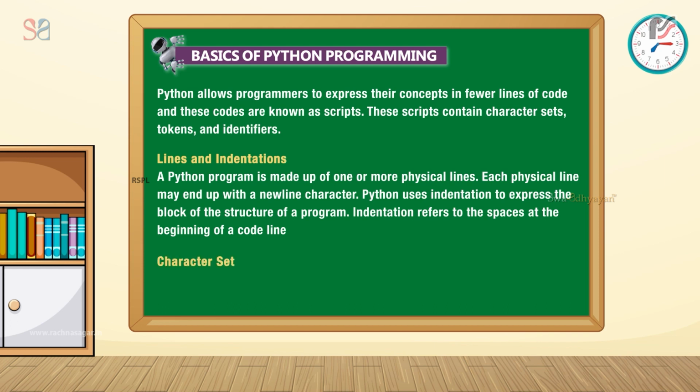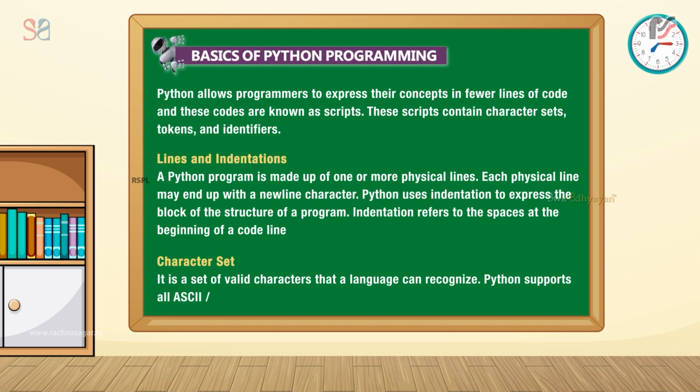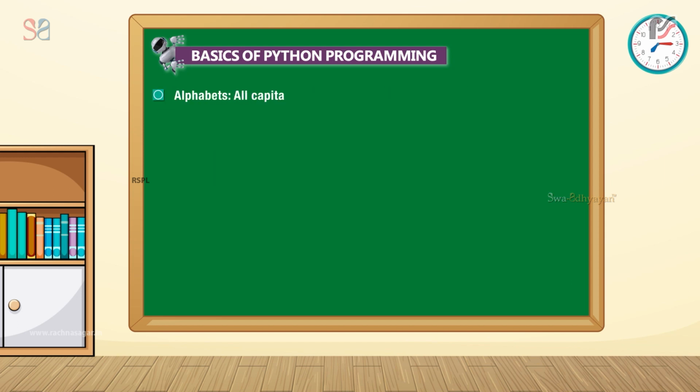Let's understand the character set now. It is a set of valid characters that a language can recognize. Python supports all ASCII and Unicode characters, which include alphabets, that is all capital A to Z and small a to z letters. Then digits, meaning all digits 0 to 9.